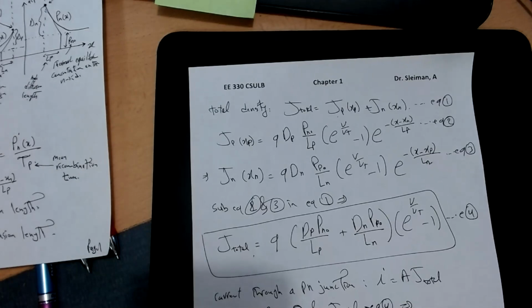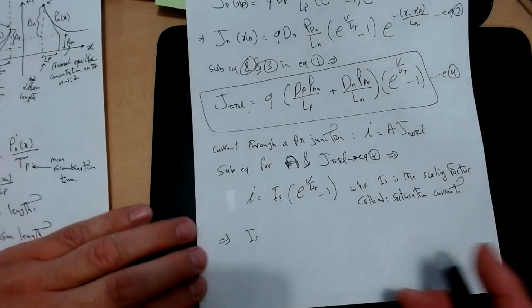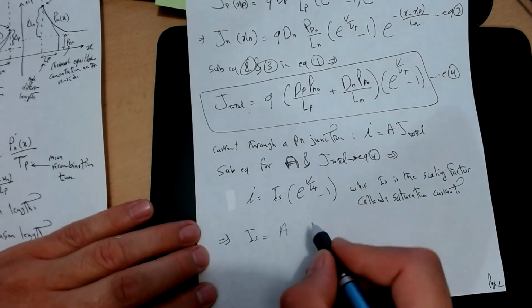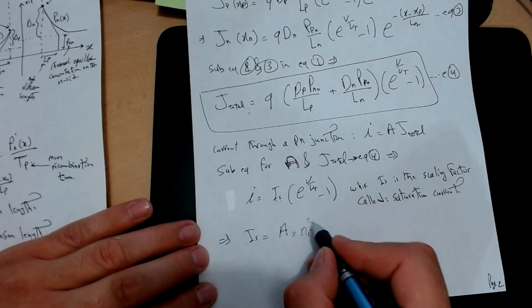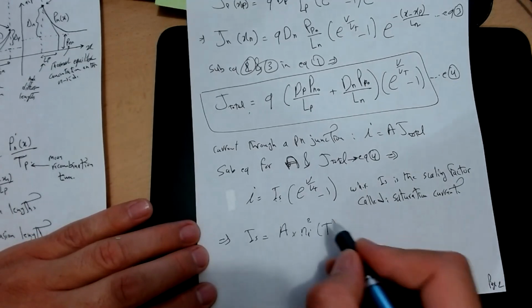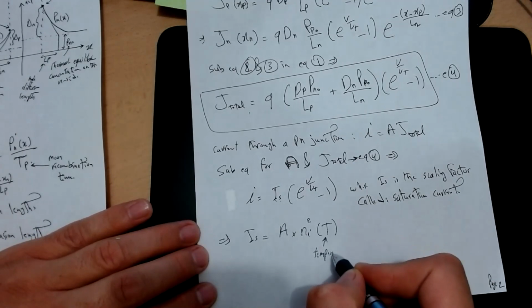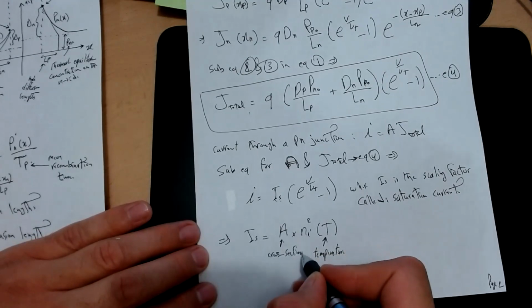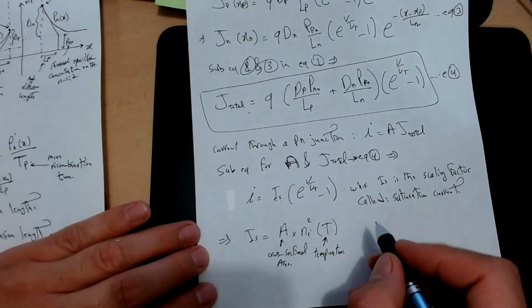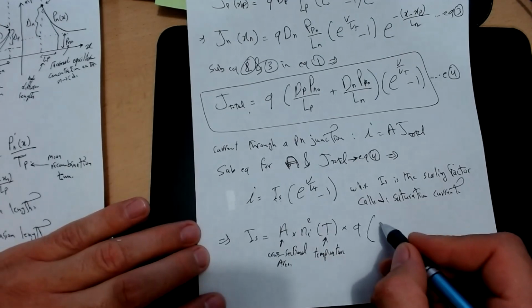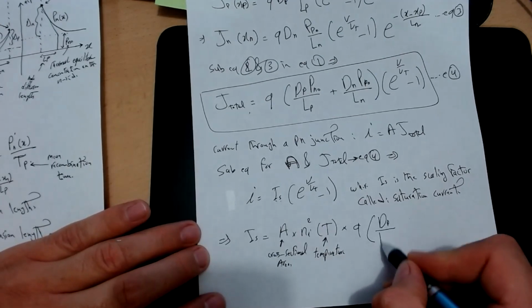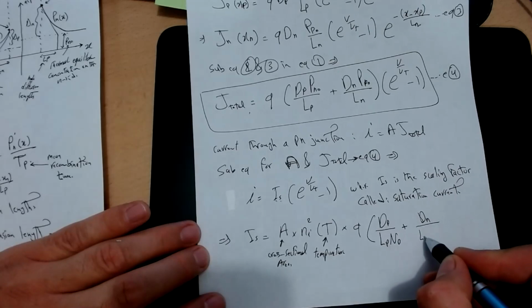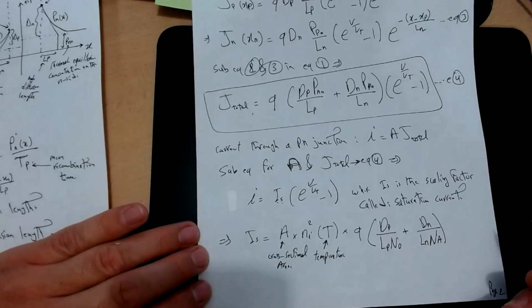So knowing that IS is equal to the cross-sectional area A multiplied with ni squared multiplied with q (Dp divided by Lp ND plus Dn divided by Ln NA).